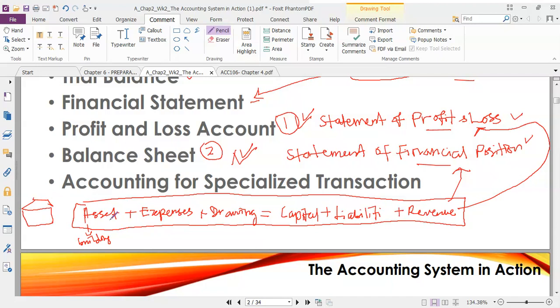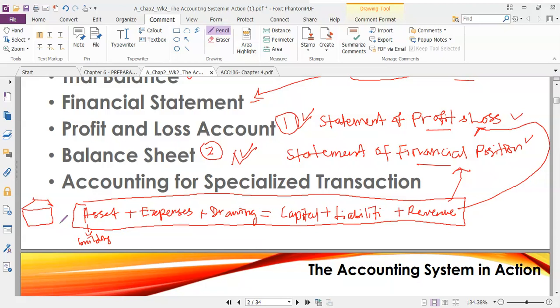Okay, so what else asset? Your equipment. For example, oven, microwave, coffee machine, table. Okay, that is we call asset.